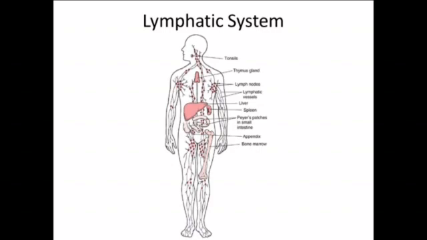Lymph is circulated in the body with the help of the action of muscles surrounding the lymph vessels. Next, lymph nodes. Throughout the lymphatic system, the lymph vessels enlarge at certain places to form cavities called lymph nodes. The lymphocytes produce antibodies against bacteria and other germs and attack them.